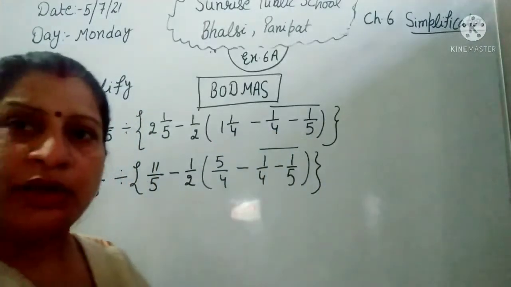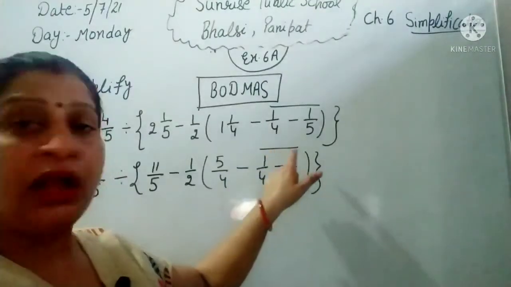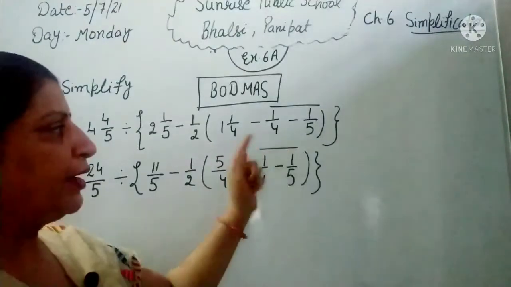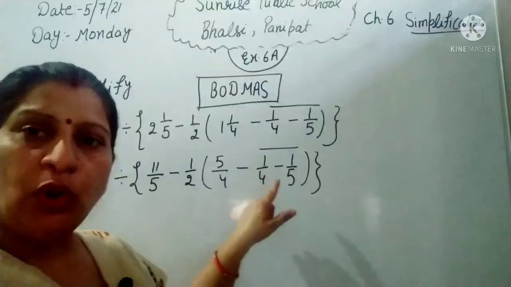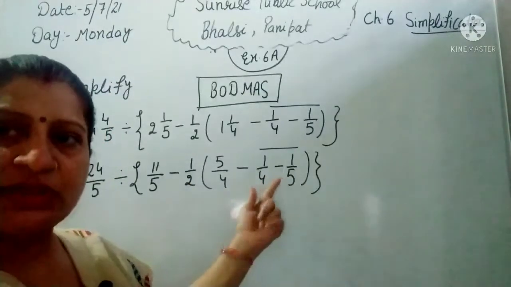Now first of all we have to solve the vinculum. अब देखिए vinculum में यहाँ पर आपका जो vinculum का साइन है वो सिर्फ 1 by 4 और minus 1 by 4 पे है. So first of all we have to solve this.